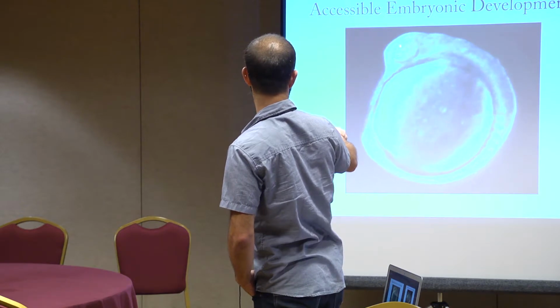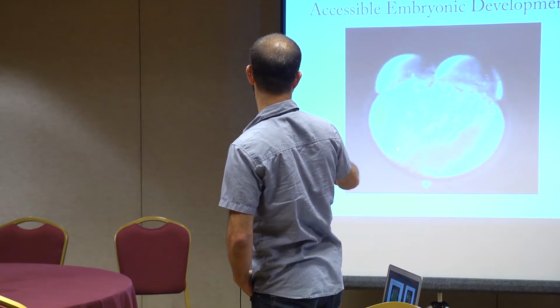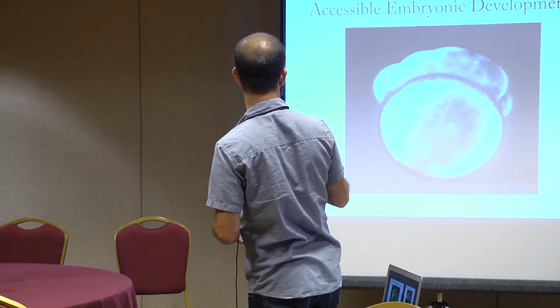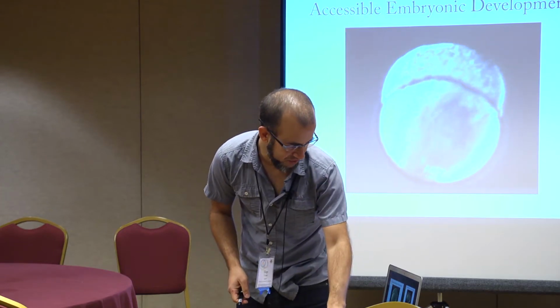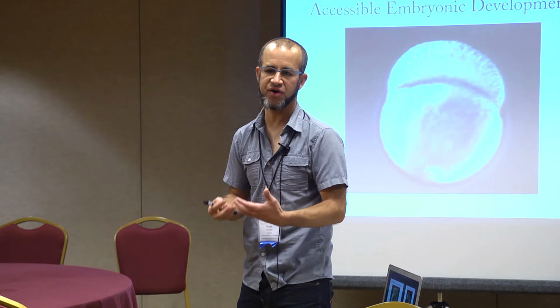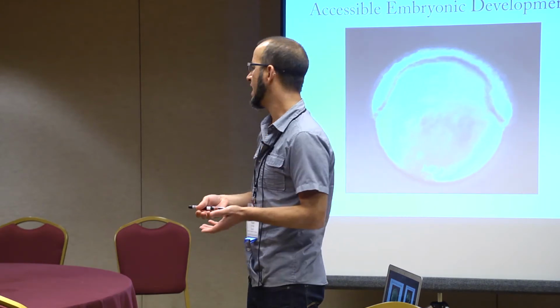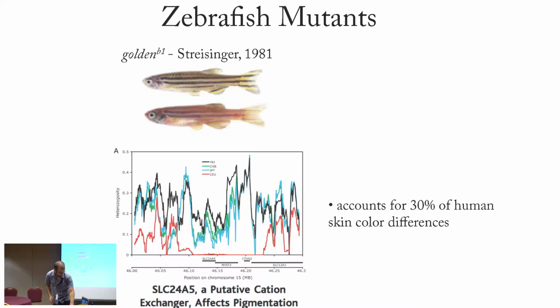Here's the eye forming, the different vertebrae, or what's going to be the vertebrae forming down here, and the tail. And this movie was made over 20 years ago. It's a fairly low resolution movie. It just gives you a sense of how you can really visualize how development is happening and then understand how it might go wrong in certain situations.